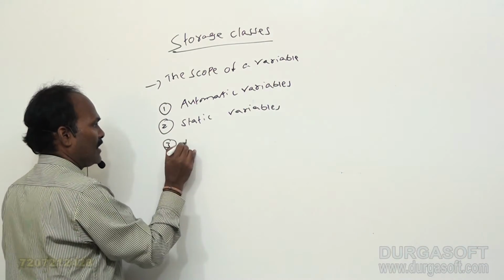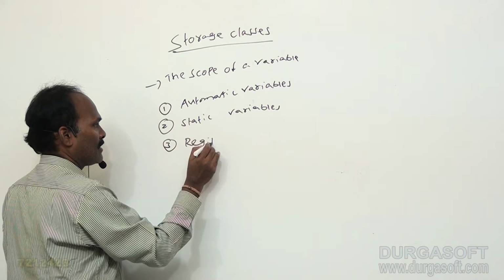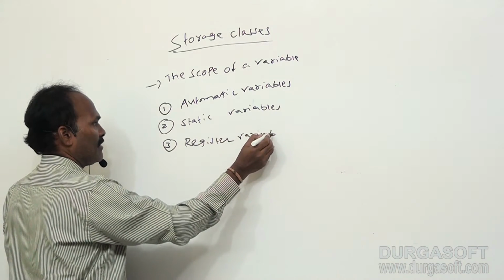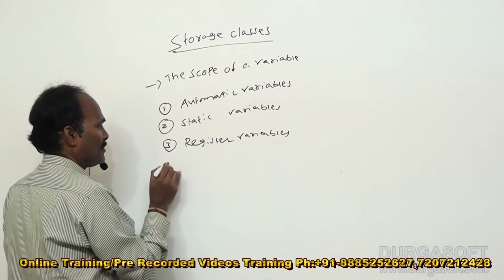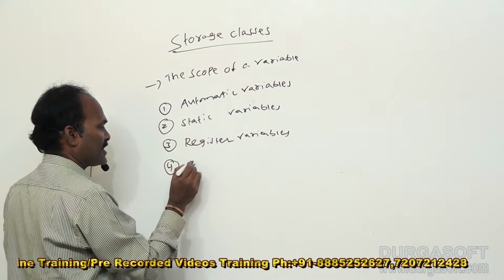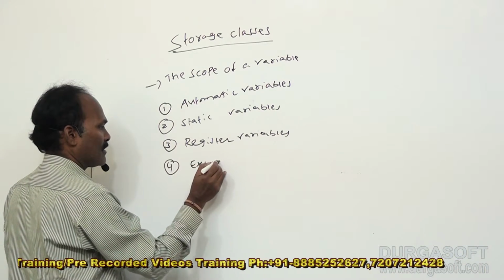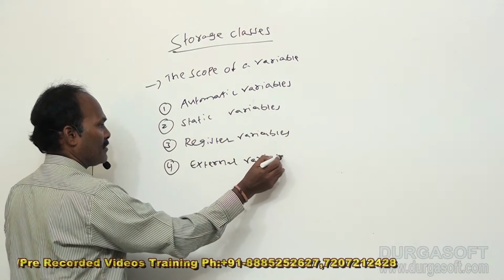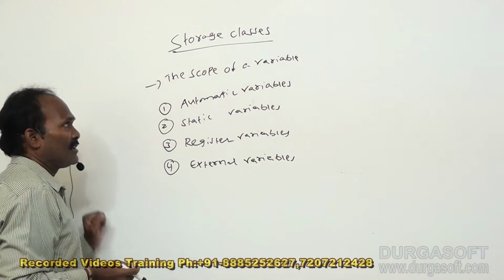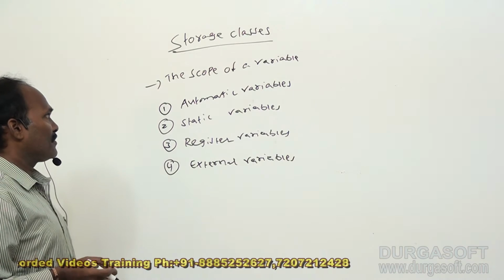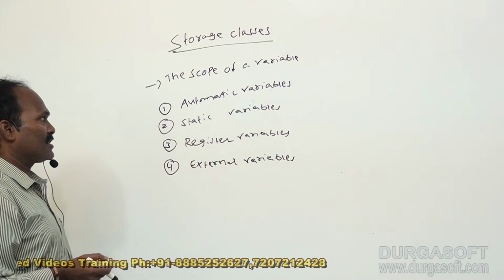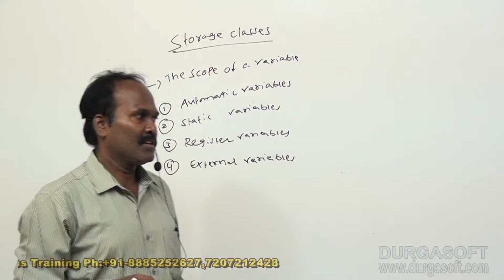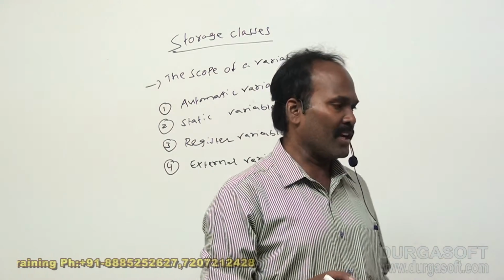Third one is register variables. Fourth category is external variables. I will show the differences very clearly.